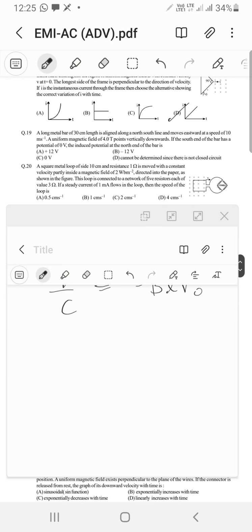Okay, next. A long metal bar of 30 centimeter length, 0.3 meter, is aligned along a north-south line.